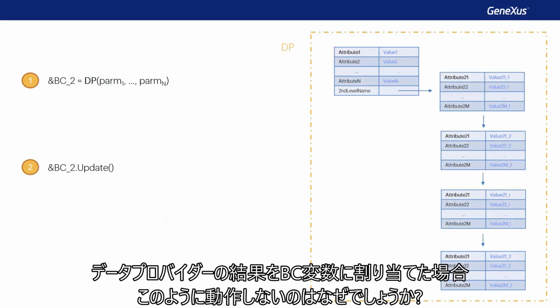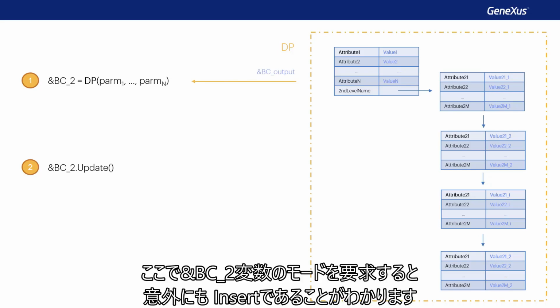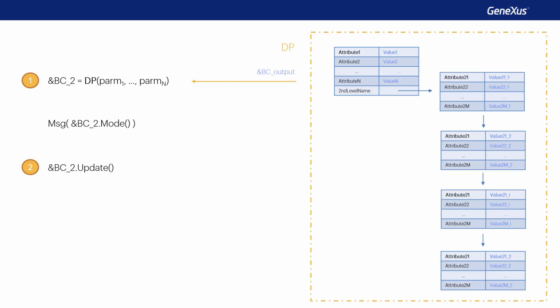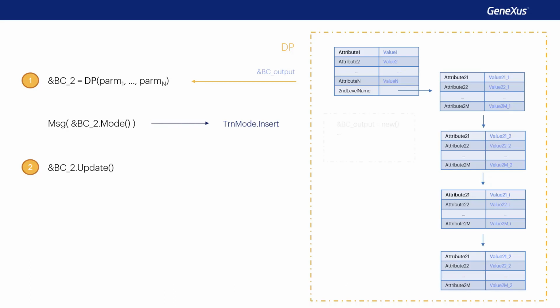Why doesn't it work like this when we assign the result of a data provider to a BC variable? If we ask here for the mode of the BC2 variable, we'll be surprised to find that it's insert. This is because the first thing that the data provider does internally is a new.